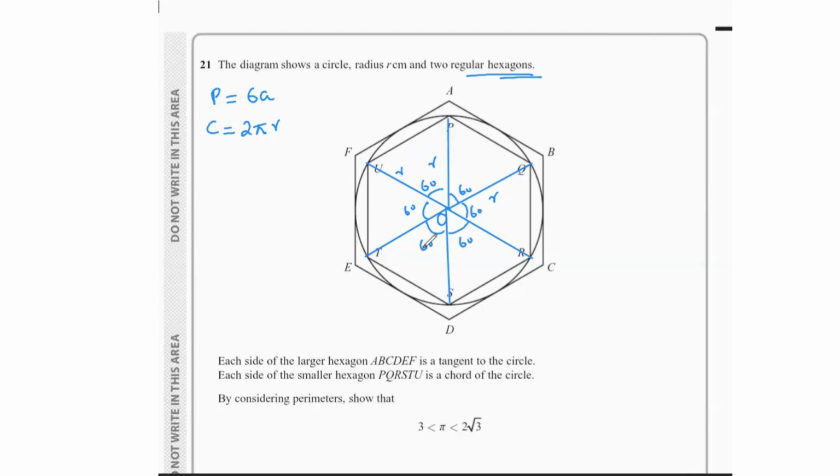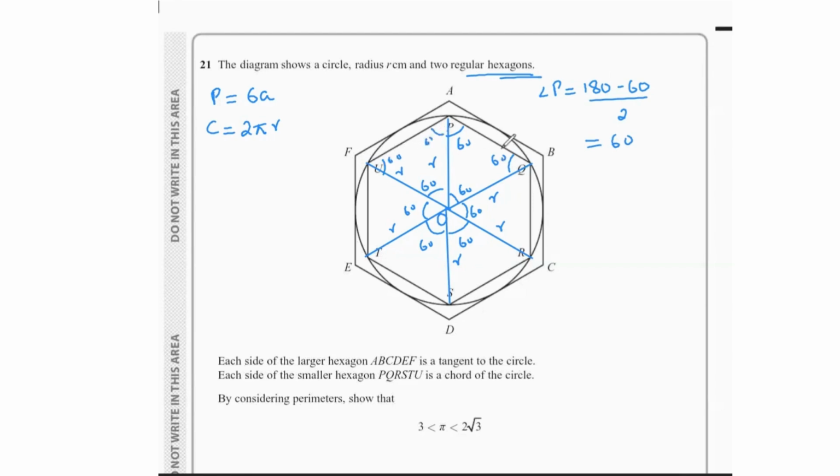This is R, all of these are R as well. Now, if we find these two angles, we know that the radius is the same for each length, so it's an isosceles triangle. So for angle P, if we do 180 minus 60 divided by 2, that also gives us 60, which means that these are all equilateral triangles inside the hexagon.